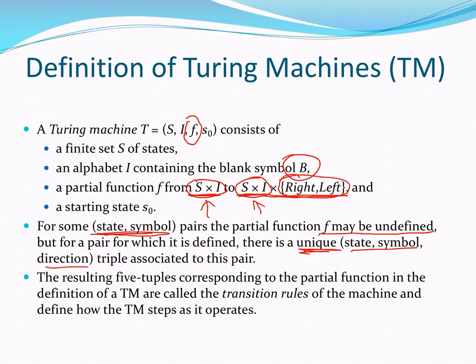And that results in a 5-tuple corresponding to the partial function. So that's 2 inputs to this function, 3 outputs from the function, giving us the 5-tuple. And these are the transition rules of the machine. You could think of it as how we program the machine, but they really do define the machine.